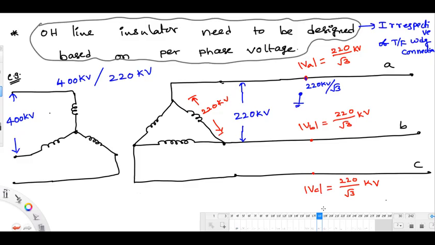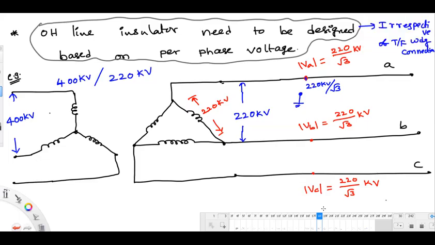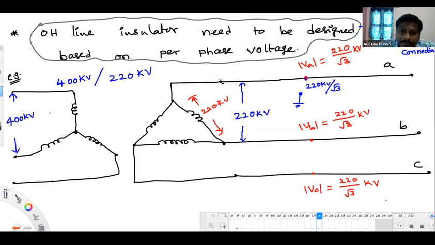I did not understand the per phase voltage concept here, because in delta, line voltage equals phase voltage. In delta, line to line voltage equals phase winding voltage. The terminals are directly taken out as a line. I am asking you about this terminal voltage.